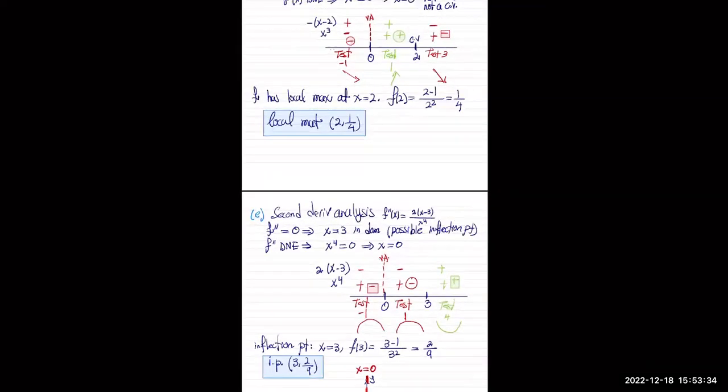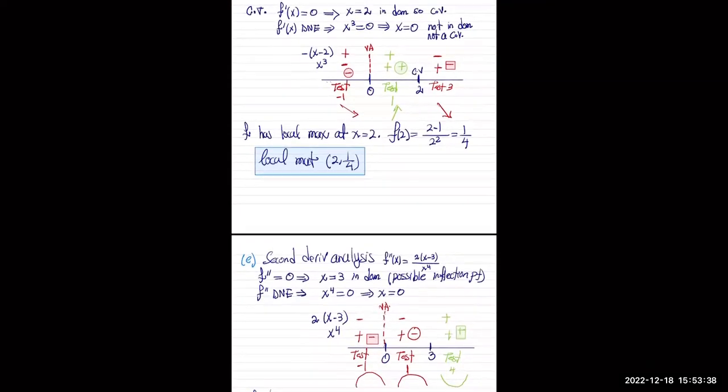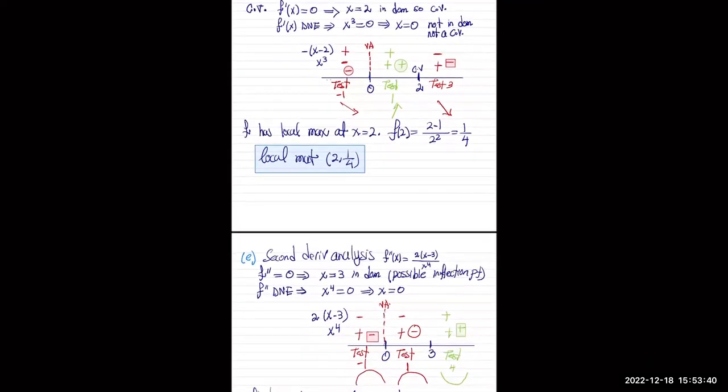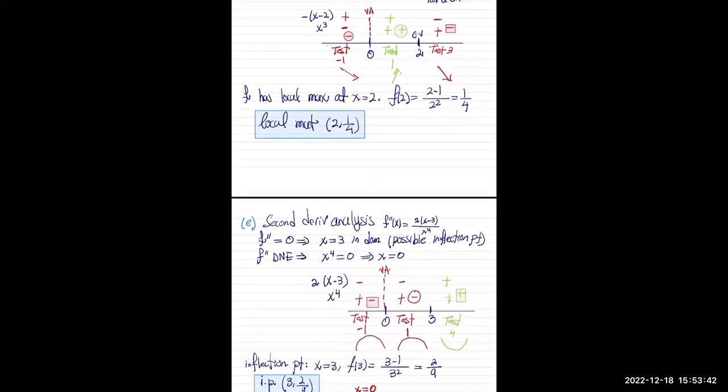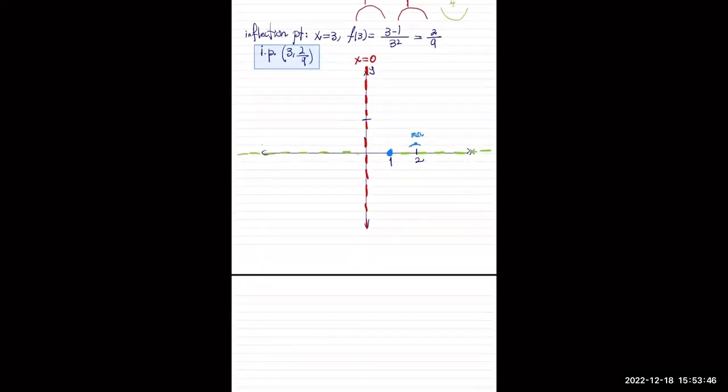Already? Yes. So we know our graph is decreasing before the asymptote. Yeah, so from here to here, it's always going to decrease. And what do we also find out?